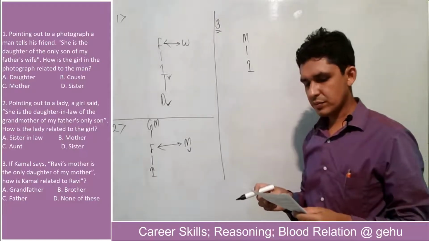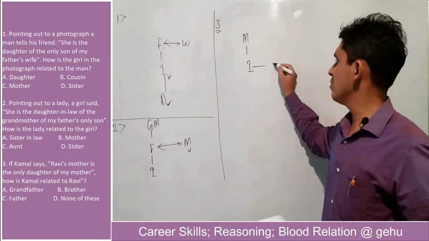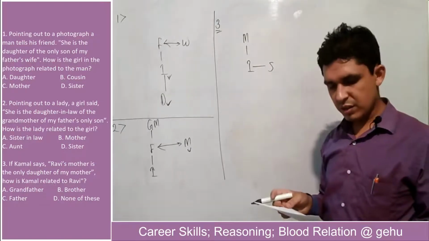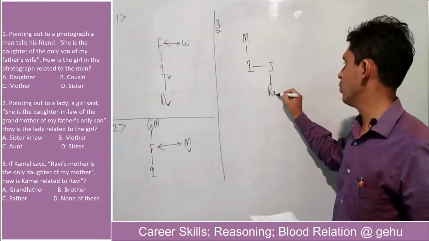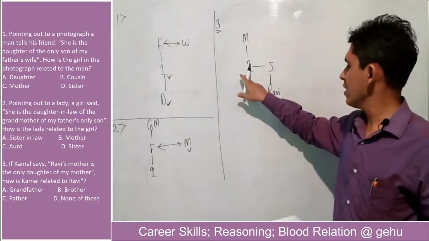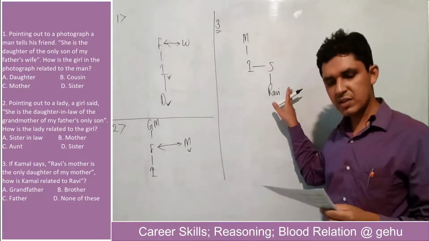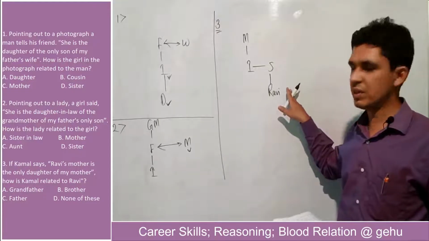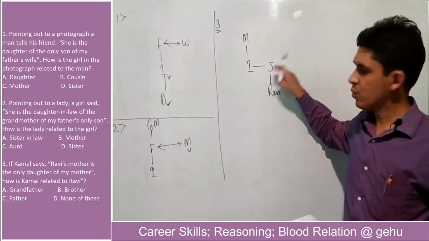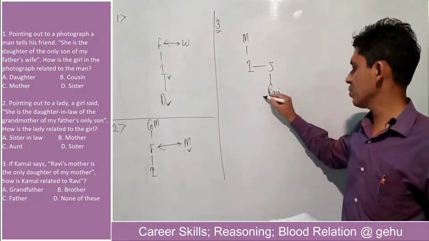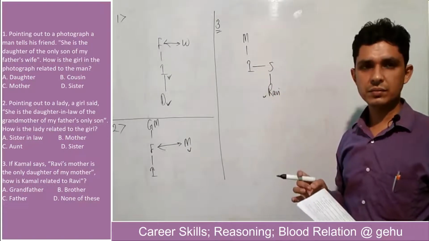My mother, and only daughter of my mother, that means this will be my sister, and my sister is Ravi's mother, that means Ravi will be one generation below, right? So I am talking, and about Ravi I am talking. Let us go through the statement once more: Ravi's mother is the only daughter of my mother. So I am talking about my niece, because the niece is the sister's child, right?